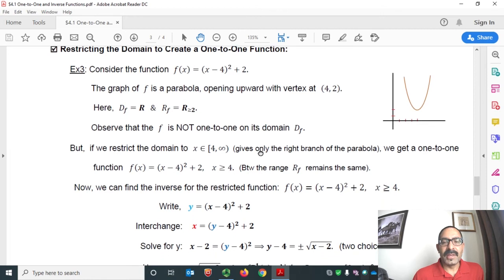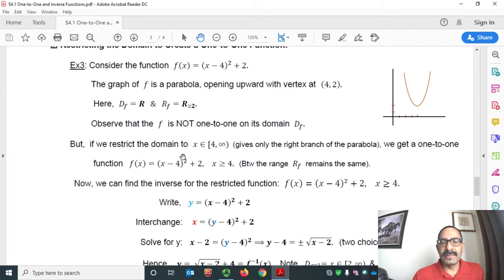So now if we restrict the domain to x greater than or equal to 4, that means I'm only talking about the right branch of this graph here, then we get a one-to-one function. f(x) equals the same function, but our domain we restrict from the real line R to simply the interval 4 to infinity.